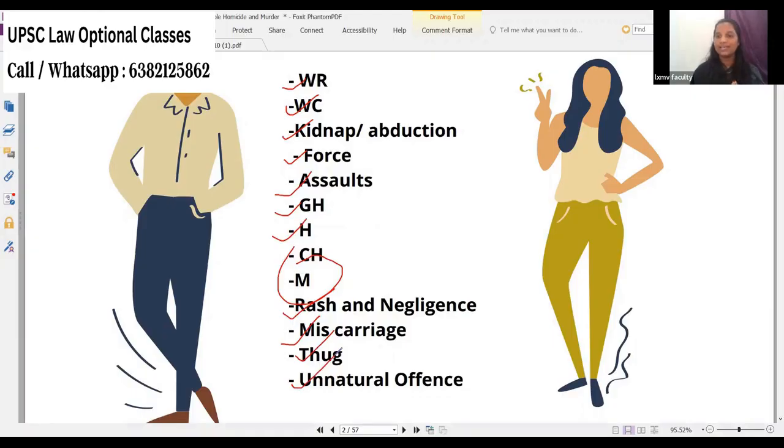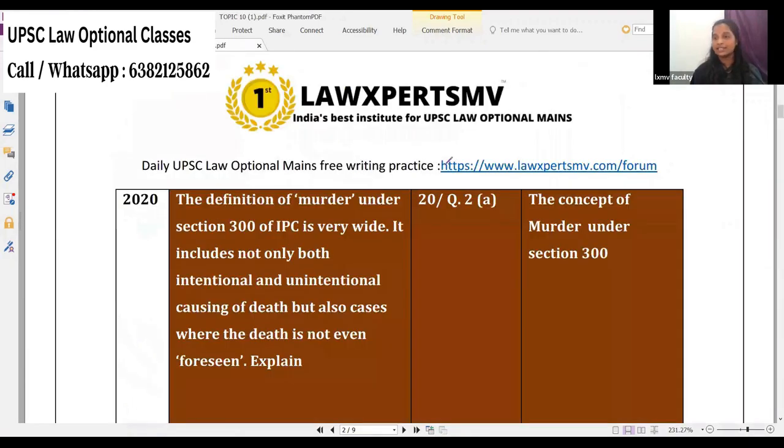If you look keenly, we have skipped certain offenses like rape and other offenses relating to women, because we will be dealing with that in the separate heading called offenses against women. For the time being, you have to know how important this entire chapter, offense against human body, is. So let me put up the previous year question analysis.